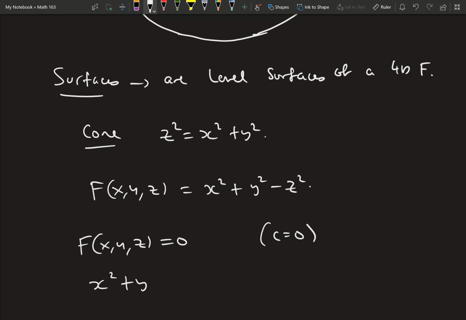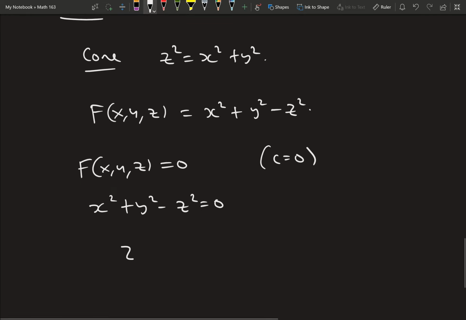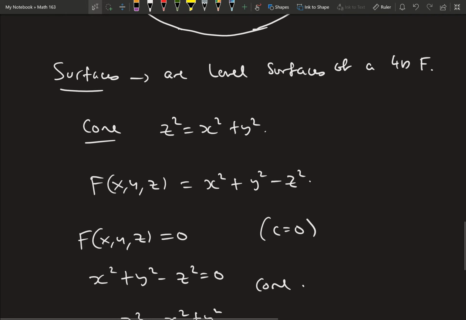this corresponds exactly. This is x squared plus y squared minus z squared equaling 0, which is the same as z squared is equal to x squared plus y squared. And so this is the cone. In fact, the level surfaces of these are cones. So we can derive surfaces that are not functions.